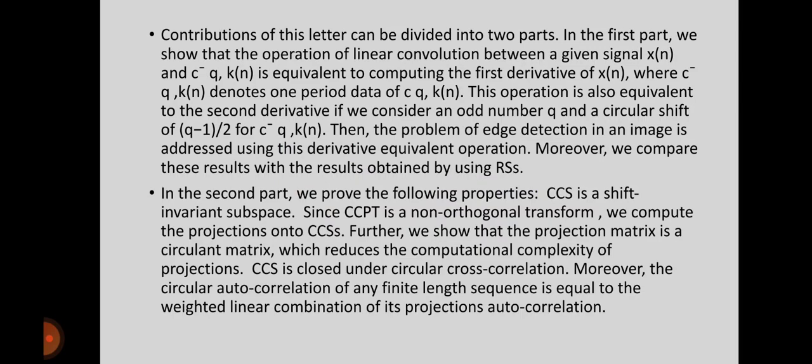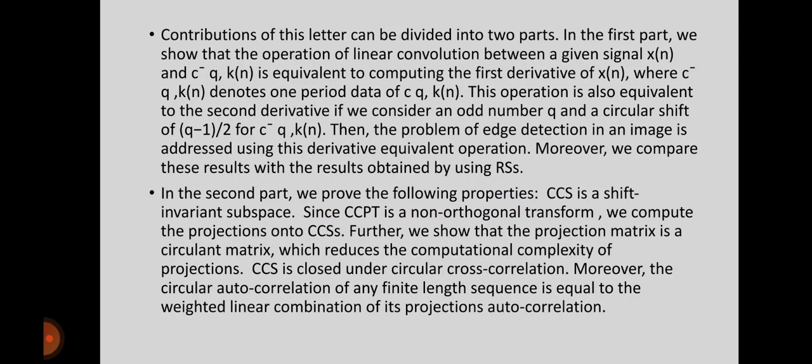Then the problem of edge detection in an image is addressed using these derivative operations. Moreover, we compare this result with the result obtained by the RS, the Ramanujan sum.